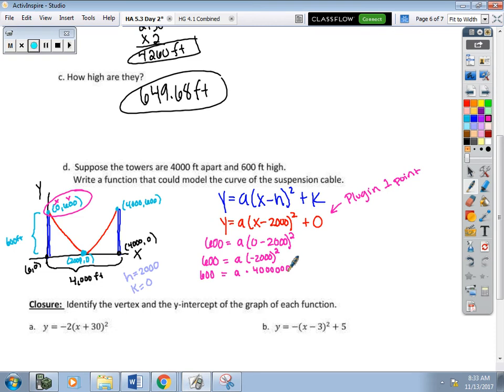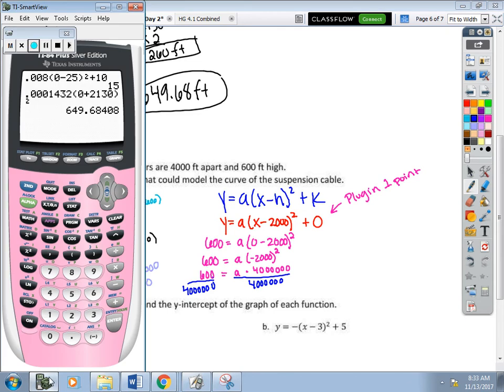And that will be a positive because negative squared becomes a positive, and then we'll divide. And I'm guessing we'll have to round this at some point. I don't think it's going to come out to be nice and perfect, but let's see. Ooh, gives us a scientific notation.